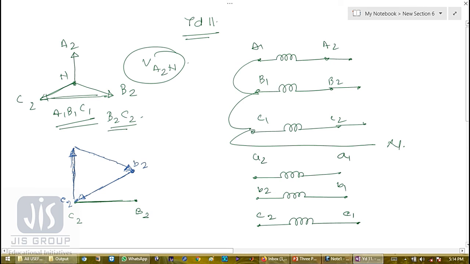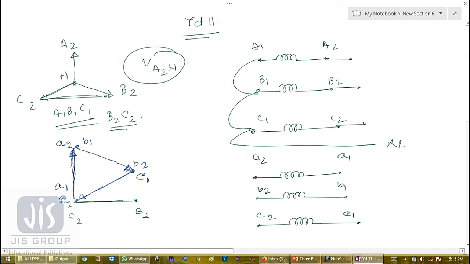So this is small C2 and this is B2. So if this is C2, this will be C1. So B1 C2 terminal we have completed. So left I have to detect that A2. So if this is B2, this must be B1. So here must be the A2 terminal. So this is my A1 terminal.